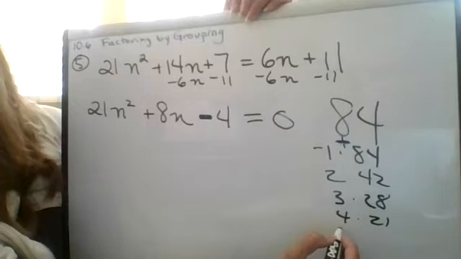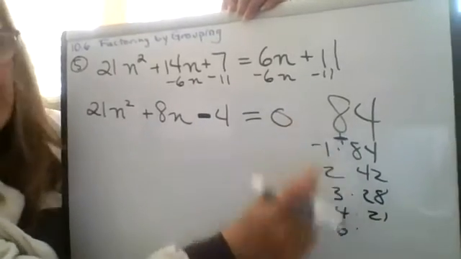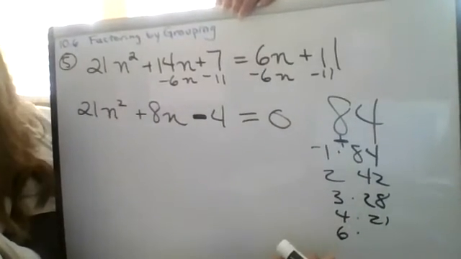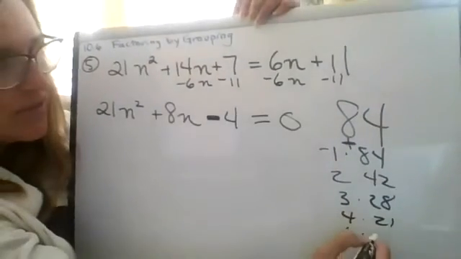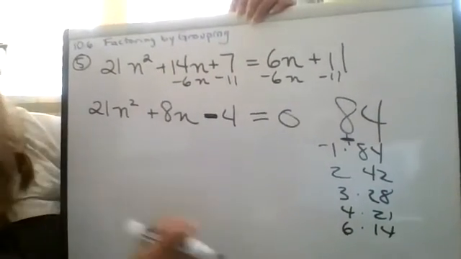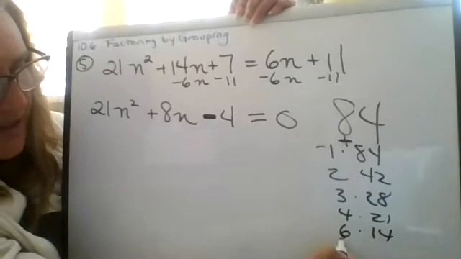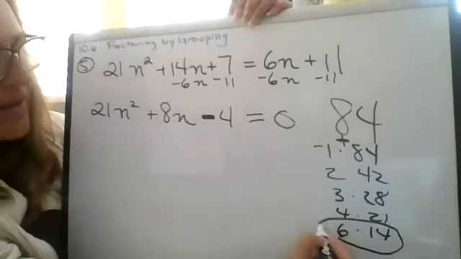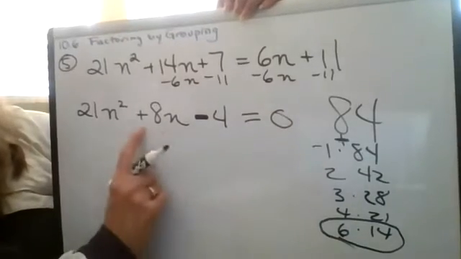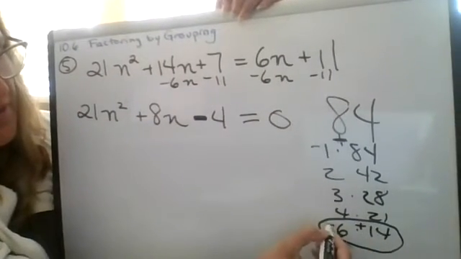And let's see. 5 doesn't go in, of course, and 6. 6 times what is 84? I need some of you to do this arithmetic for me. Well, 6 times 14 is 84. And when I subtract the 6 from the 14, I get what? 8. Which one's positive? Which one's negative? The 14 is positive and the 6 is negative.